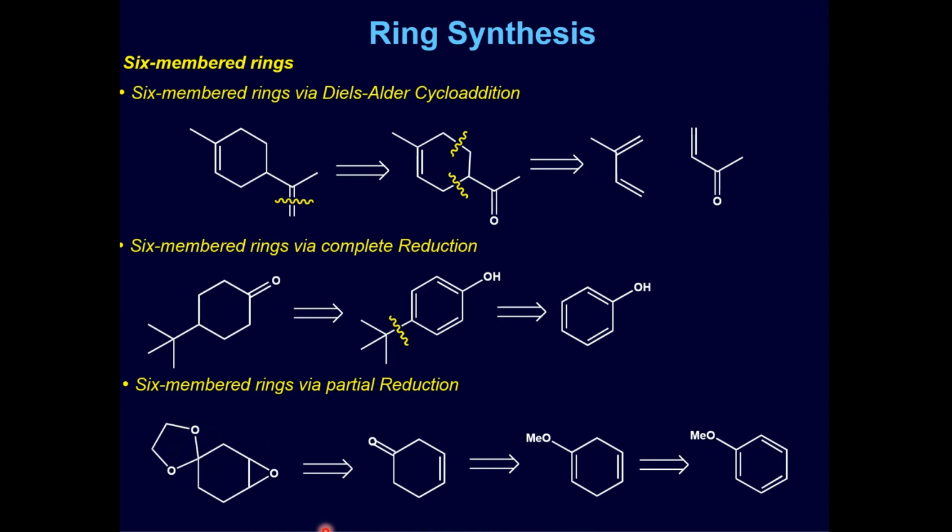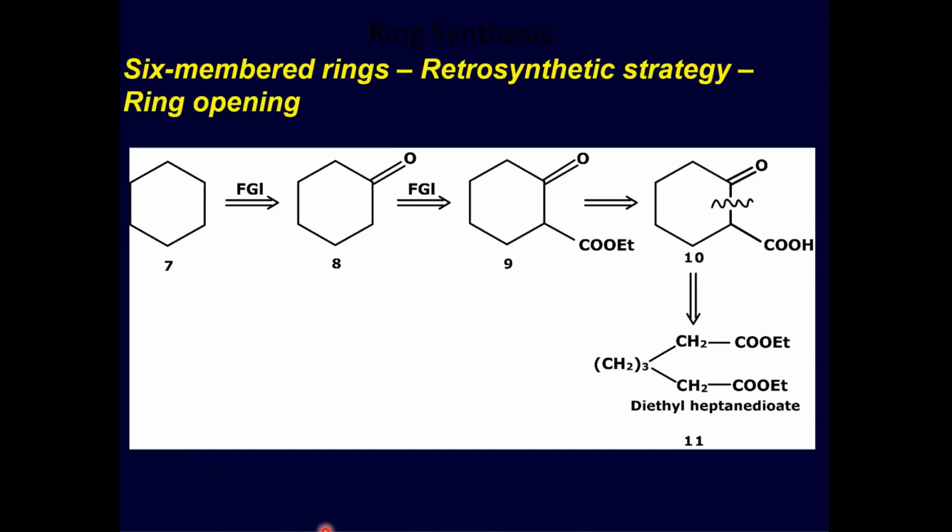Another approach we follow is a ring closing reaction. If I want to synthesize cyclohexane directly, I cannot synthesize. That's why I do functional group interconversion. I take cyclohexanone.